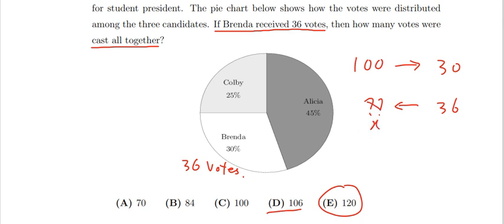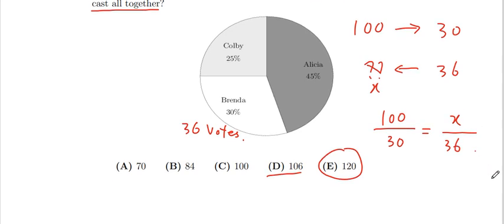So 100 over 30 equals x over 36. Then we can find x. We can cancel: 10 over 3, also cancel this 3, so this becomes 12, right? So 10 over 1 equals x over 12, so x should be 120.